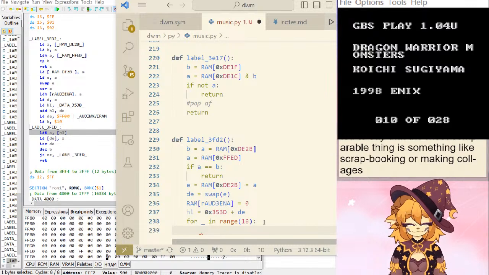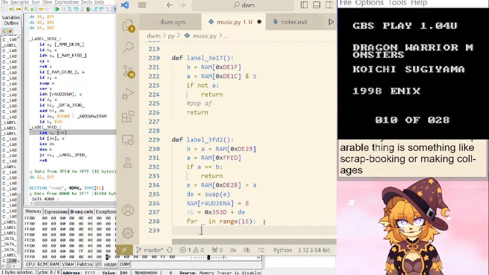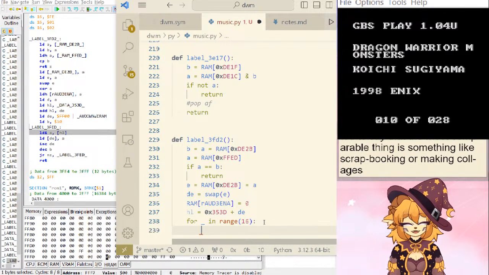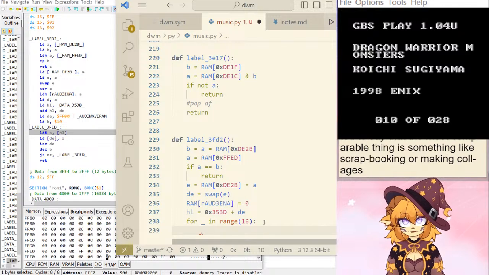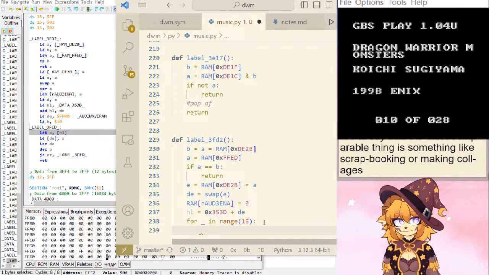I'm tempted to say that the most comparable thing is something like scrapbooking or making collages. Makes sense. Yeah. Graphic design would also be more kind of like drawing, right? And making the visuals.